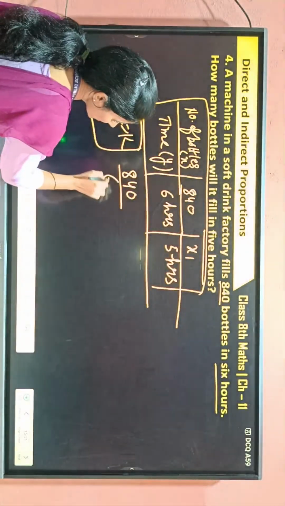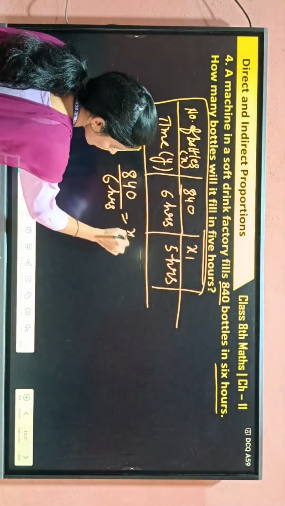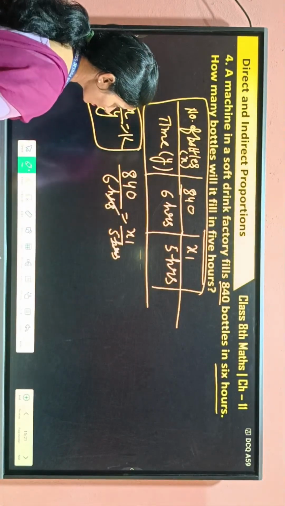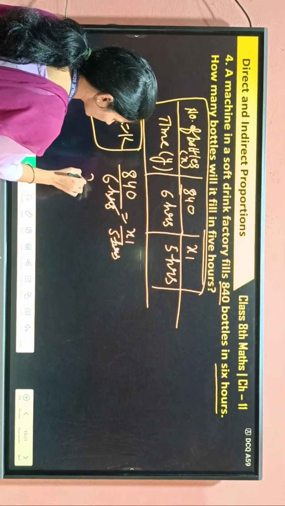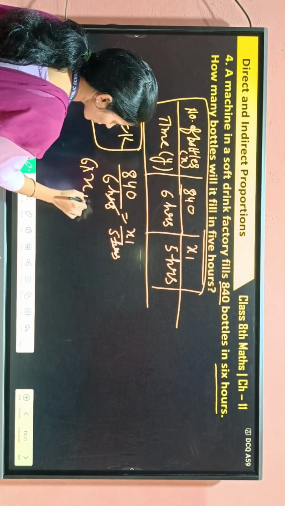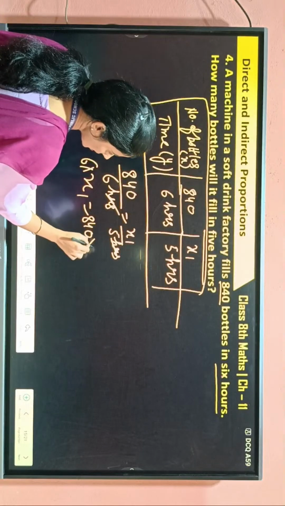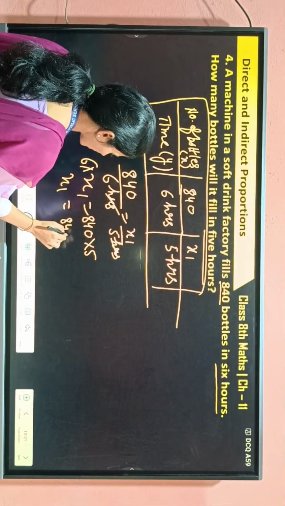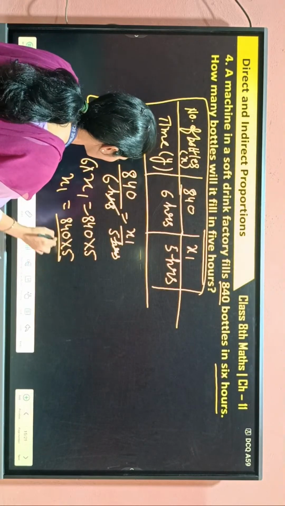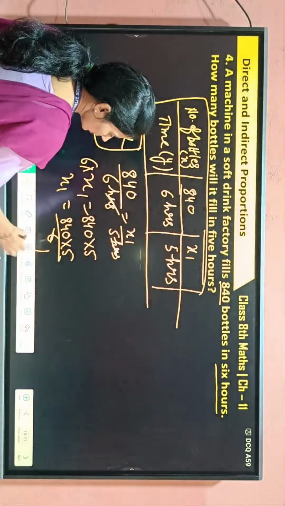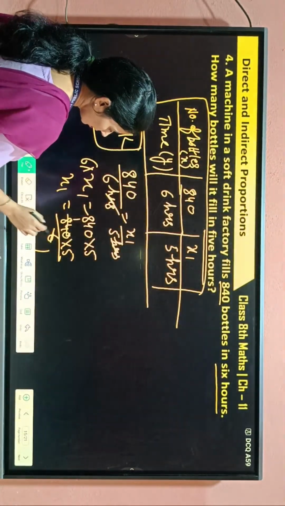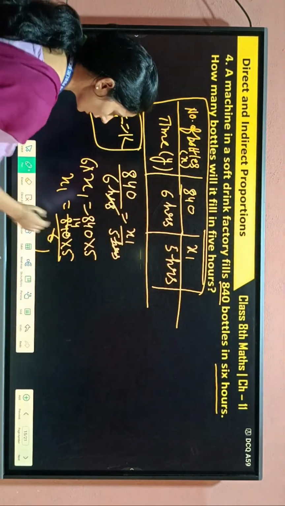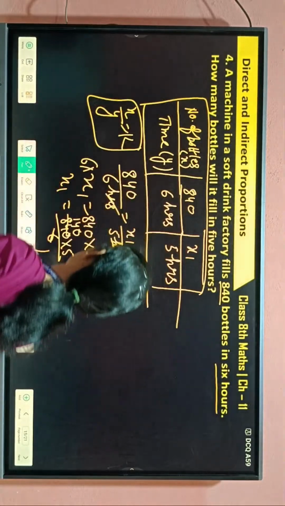840 upon 6 hours equals x1 upon 5 hours. Hours cancel. Using cross multiplication, 6 into x1 equals 840 into 5 bottles. Then x1 equals 840 into 5 by 6. Cancel with 6: 6 ones are 6, 6 fours are 24, and 0 as it is.